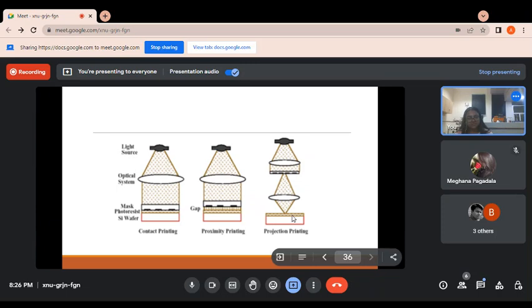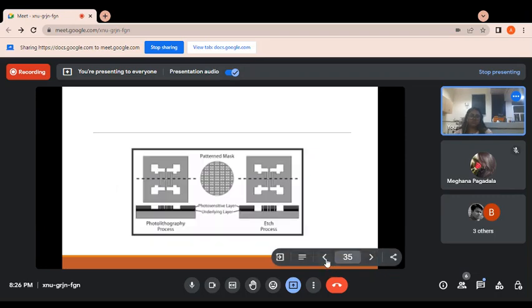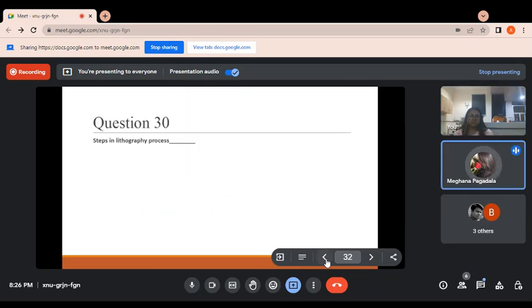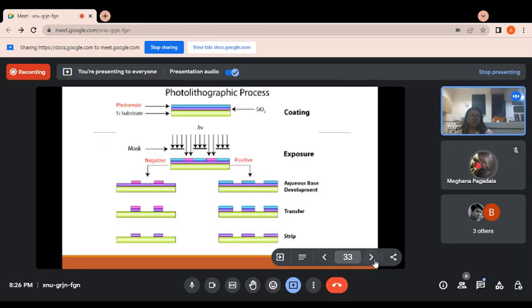Meghna, please unmute yourself. You can write, your voice is not clear.